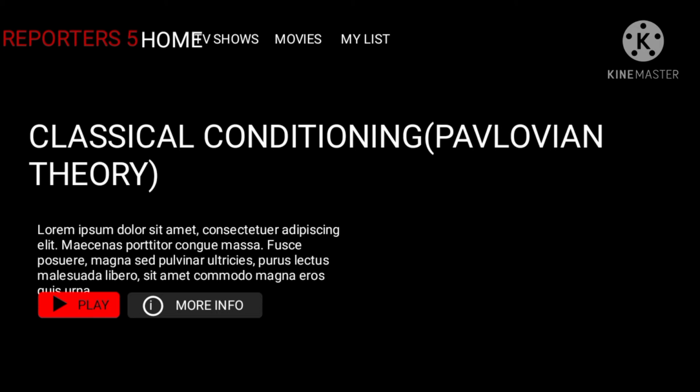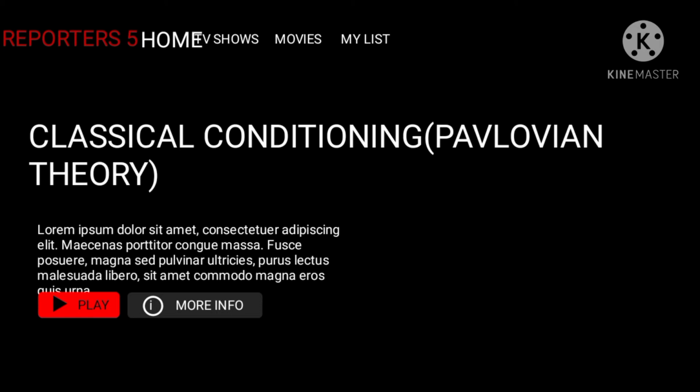So na-realize na dito yung important scientific discovery niya about the salivation of the dog in response to a certain thing.